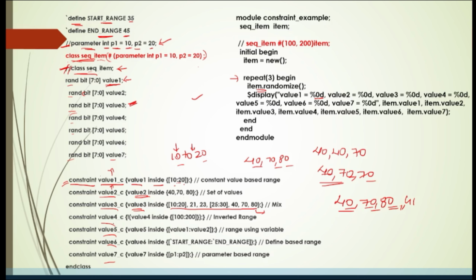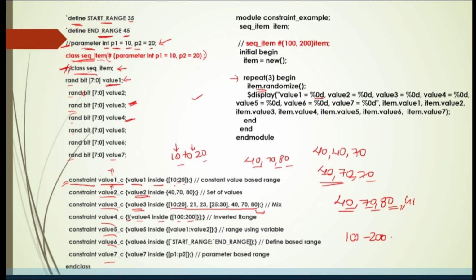Now coming to the fourth one, which is value inside 100 and 200, and this has a negation symbol. So when you are randomizing this value, what can you expect? You can expect any number of values, but the values should be outside this 100 and 200 range.